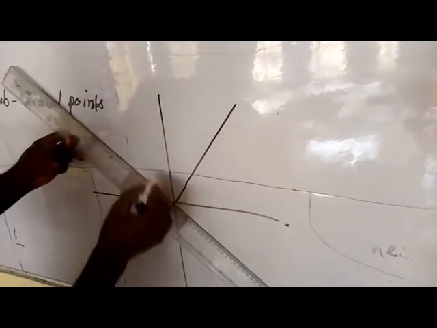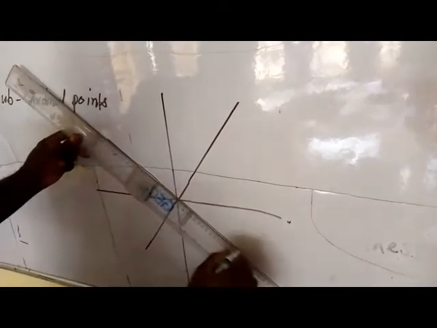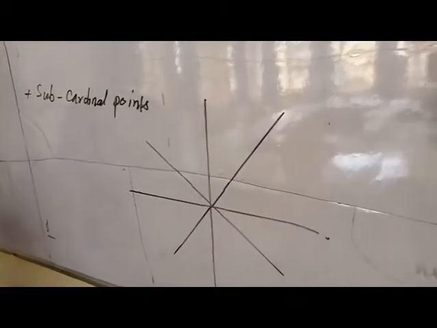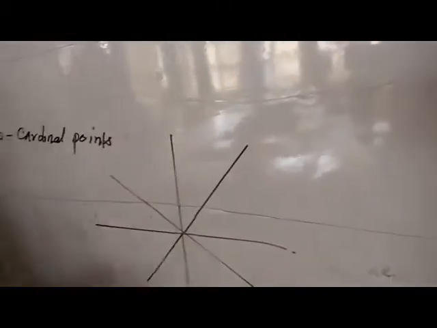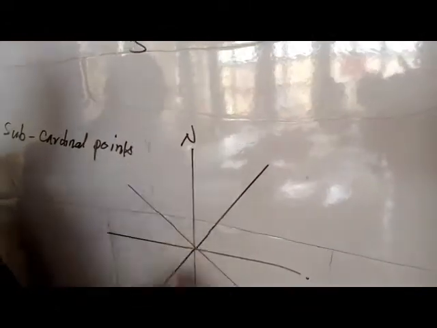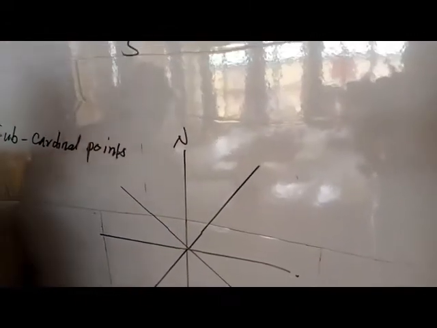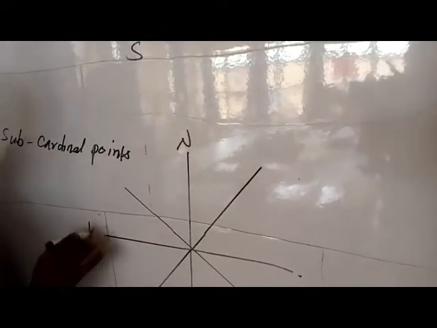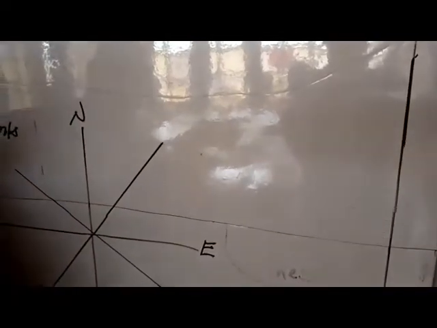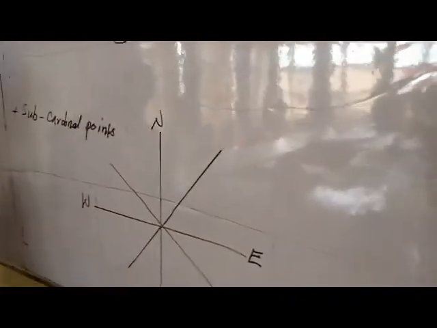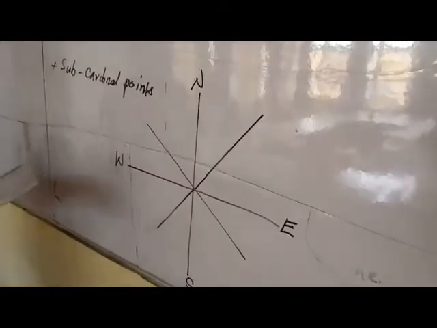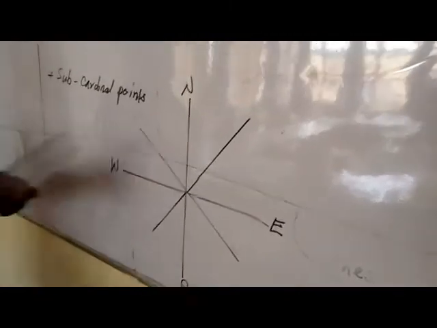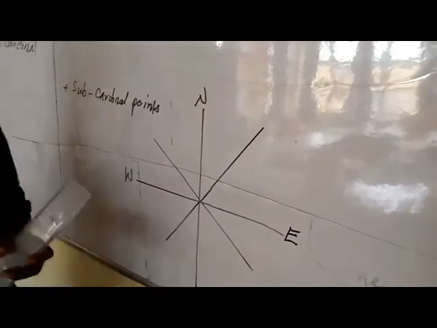Now, let's start this way from the main major cardinal points. We have the north, the south, the west, the east. Now, what are these sub-cardinal points? These four main cardinal points or directions are the determinants of the sub-cardinal points.